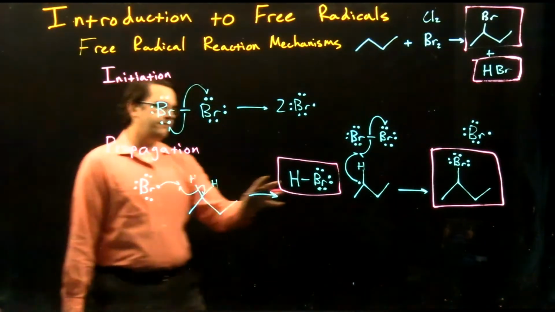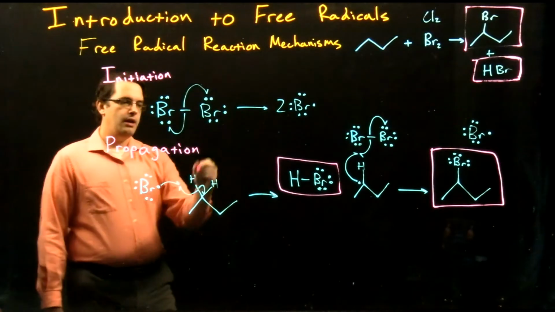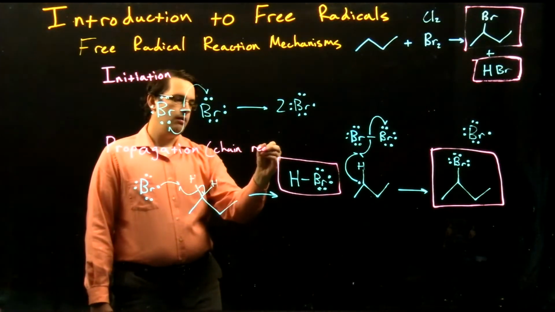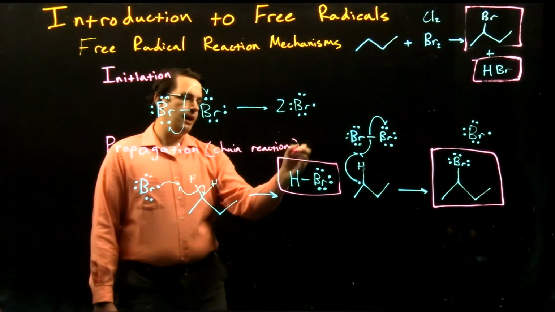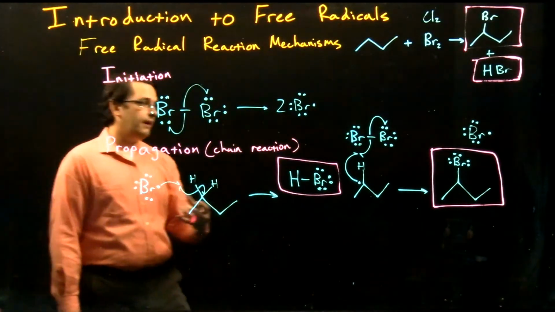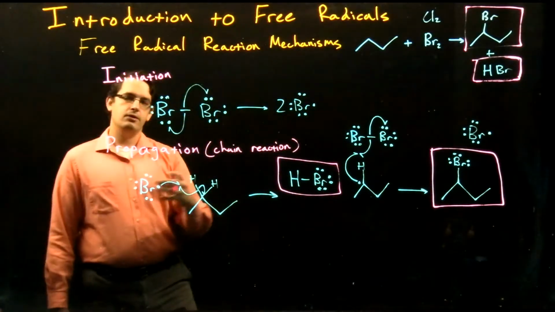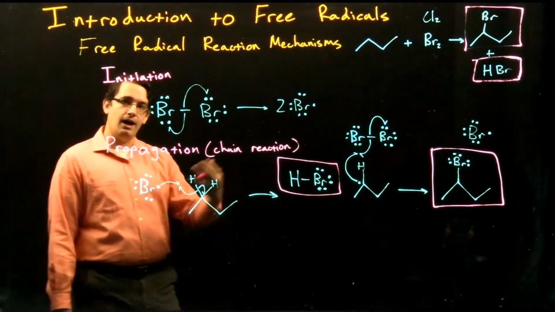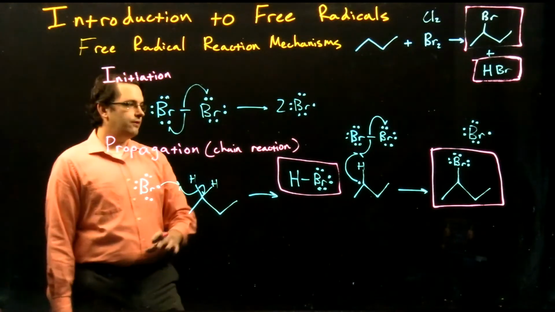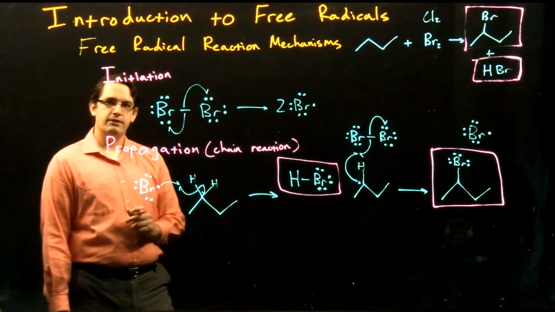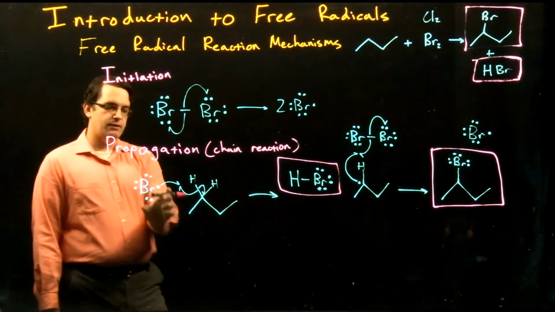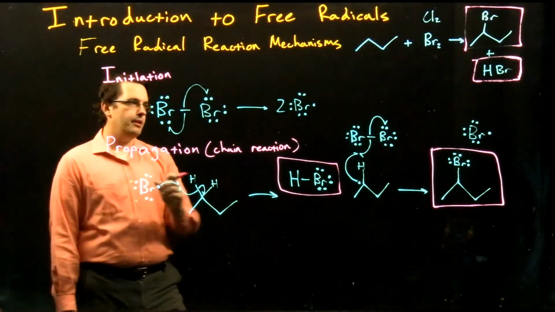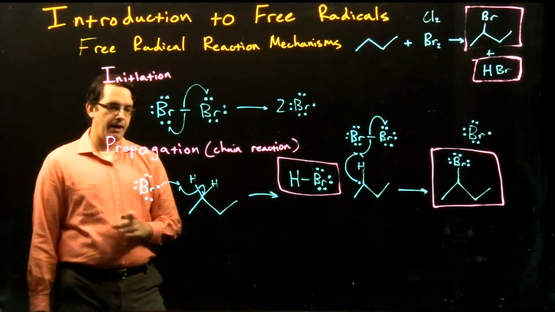So this propagation phase is actually a chain reaction. And of course that means that, so chain reaction is just a reaction that can continue to occur. It produces its own reactant. So it can just cycle on and on continuously as long as we have alkanes to react with. So with just one bromine, right, we have a single molecule diatomic bromine react and produce 2 bromine radicals.